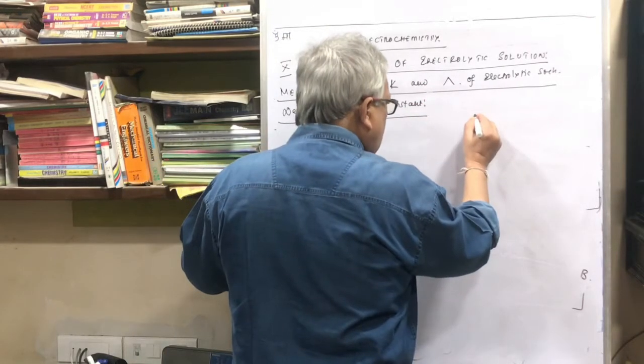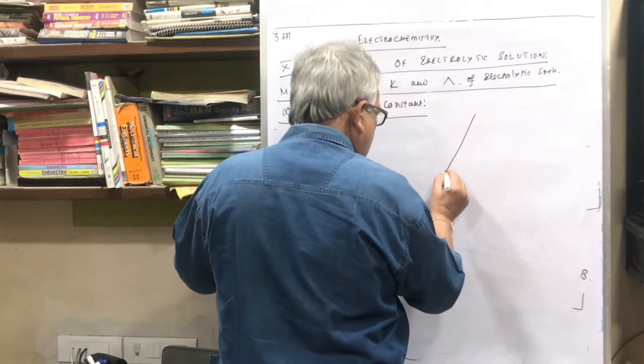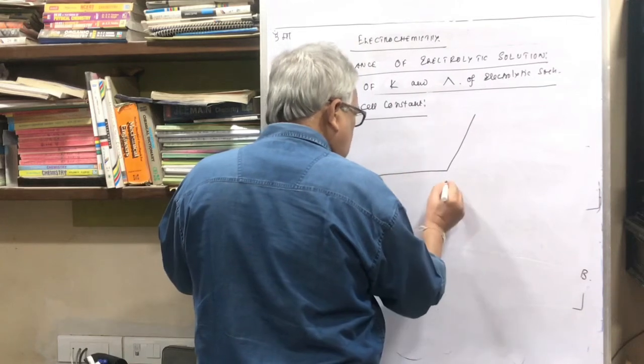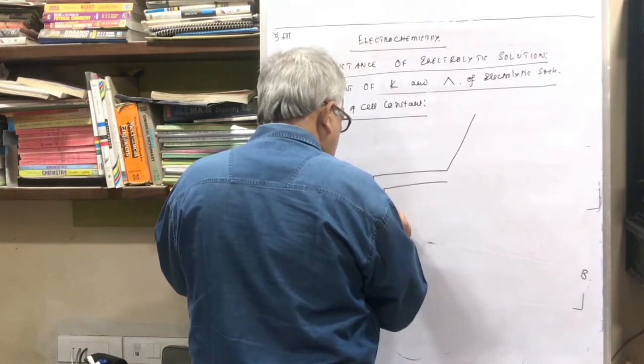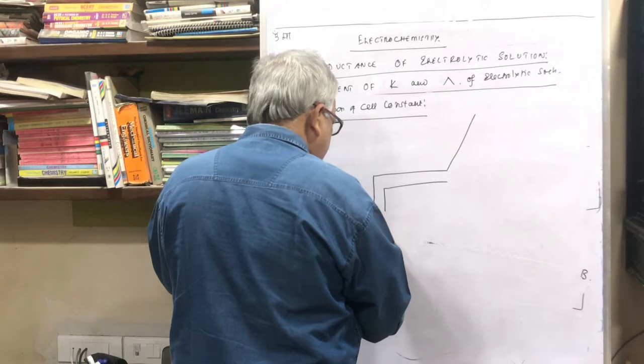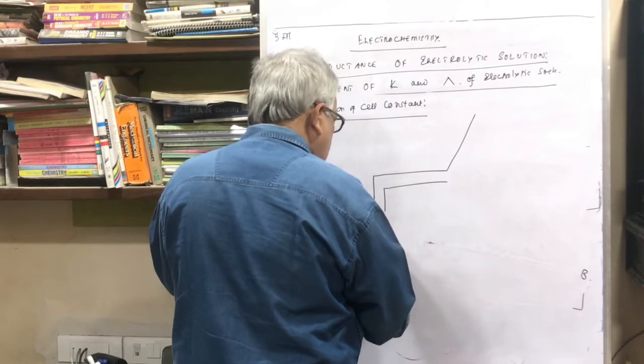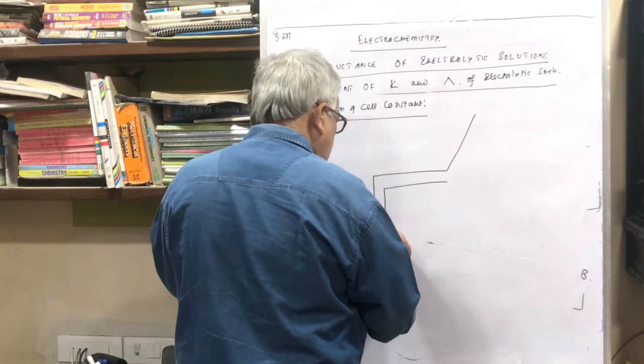The circuit diagram is somewhat like this. This is connected to the conductivity cell.